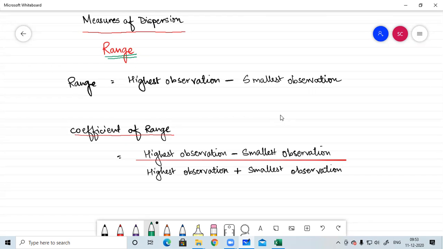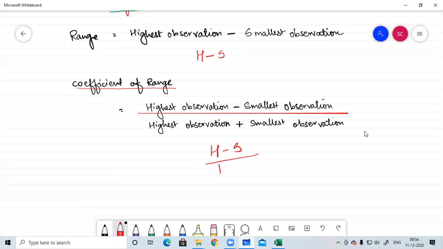And coefficient of range is highest observation minus smallest observation divided by highest observation plus smallest. Now, if you want to put it in shorter terms, you can just write H minus S for range. And for coefficient of range, you can write H minus S divided by H plus S.